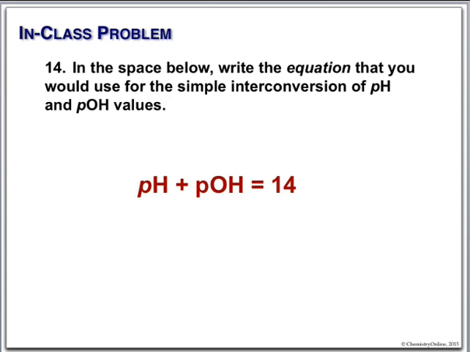pH plus pOH is always equal to 14. If you have a neutral solution, pH is 7, pOH is 7, it's 14. If you had an acidic solution with a pH of 5, the pOH would be 9.